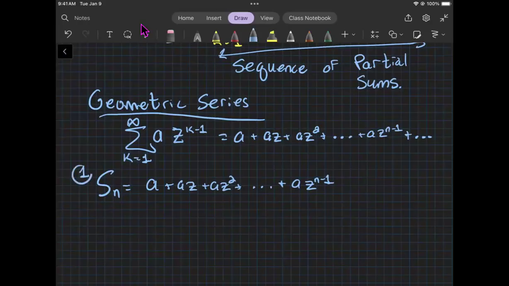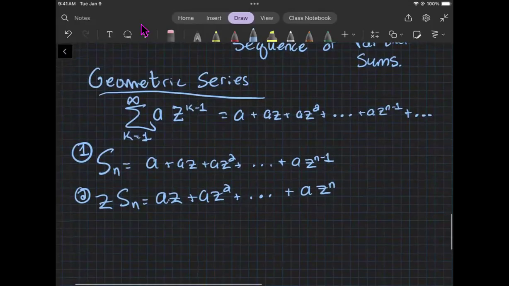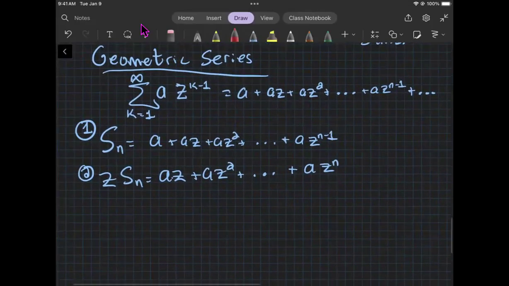All right, so that's the sequence of partial sums. I'm going to call this equation 1. And if I multiply both sides of this equation by z, I'll get the second equation. So z times s of n equals a times z plus a times z squared all the way up to a times z to the n. Okay. If I subtract the first from the second equation, we'll have terms that cancel.